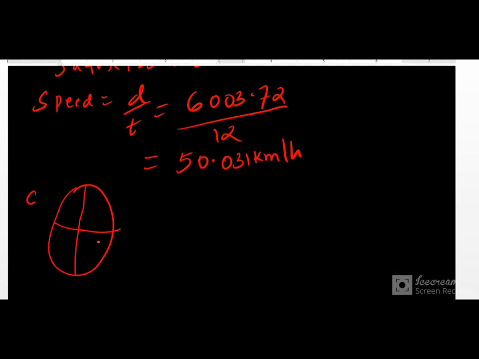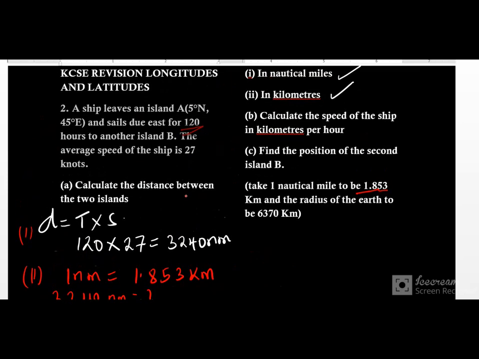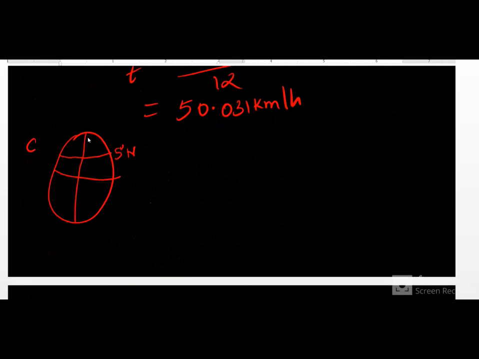So where is A? A is 5 degrees north, so 5 degrees north is here. And island A is on how many degrees? 45 east. So 45 east could be somewhere here.